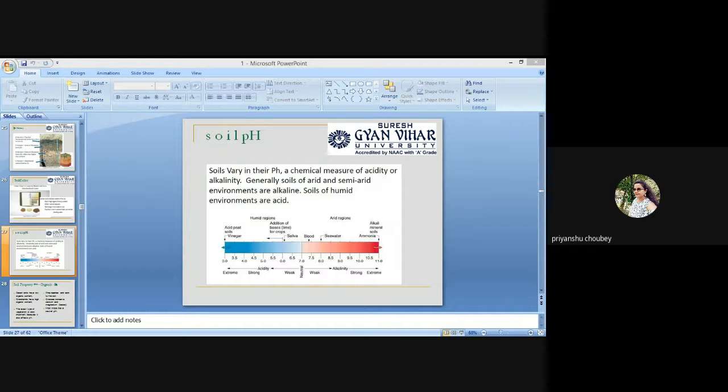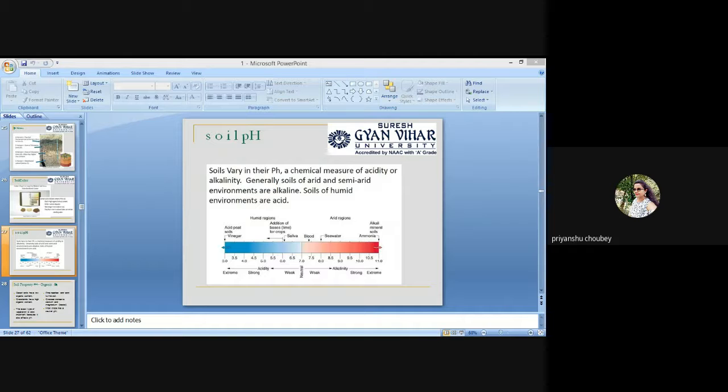Subsoil acidity: in some acid soils, the acidity extends down the profile into the subsoil. Subsoil acidity depends on the leaching of hydrogen and aluminium ions from the surface horizon with counter anions. Root growth is often limited in such soils due to soil acidity.